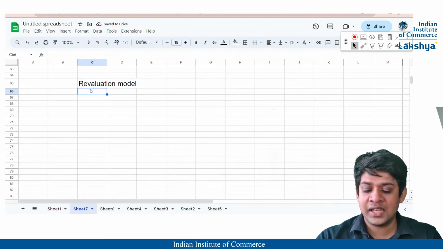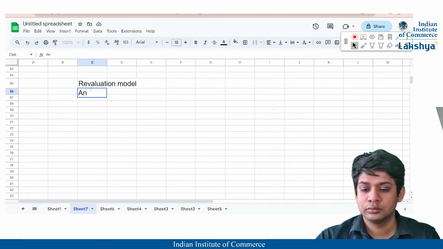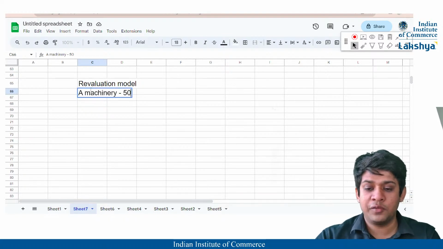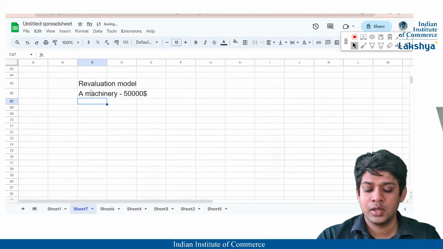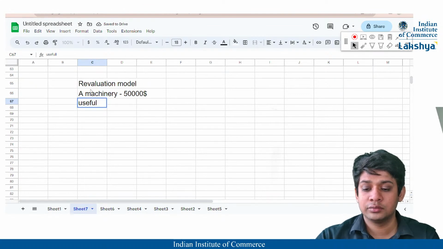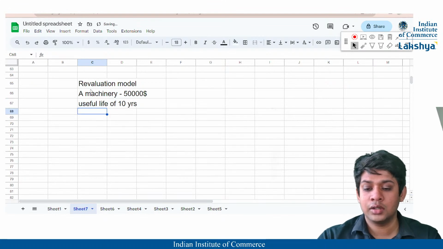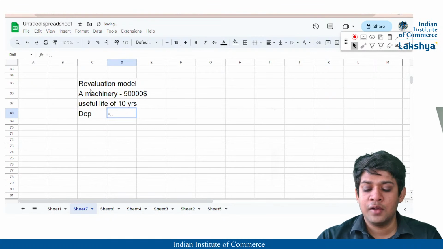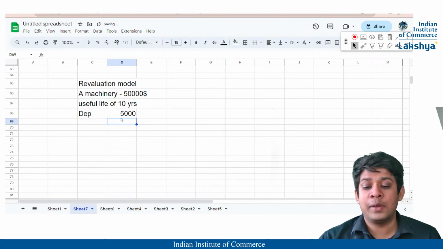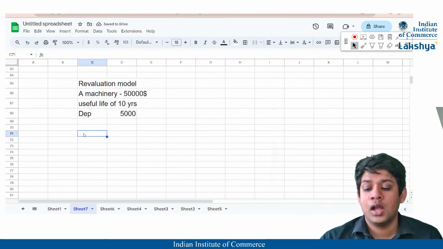Say I have an asset, a machinery, which has a value of $50,000 and a useful life of 10 years. So the depreciation that will be charged is $50,000, which is the total value of the asset, divided by 10 years useful life, which gives the depreciation as 5,000.